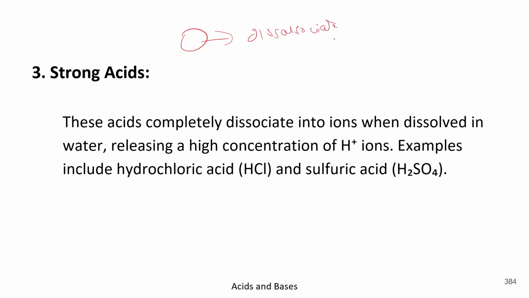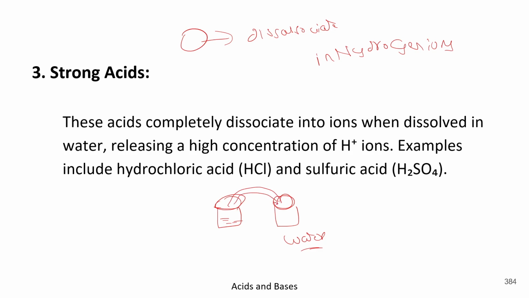Now, a strong acid is an acid which completely dissociates into hydrogen ions. So if this is your acid and this is your water, when you pour your acid into the water, the acid should dissociate completely into the water.